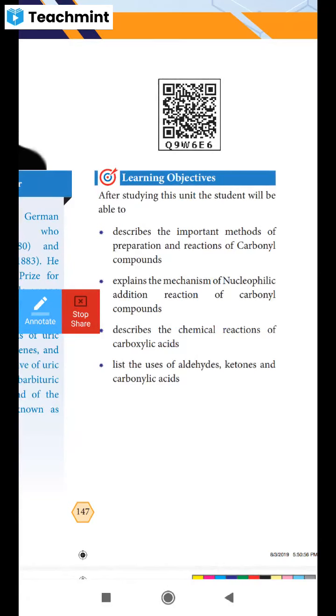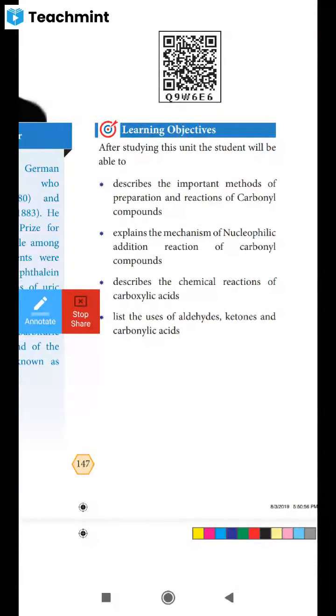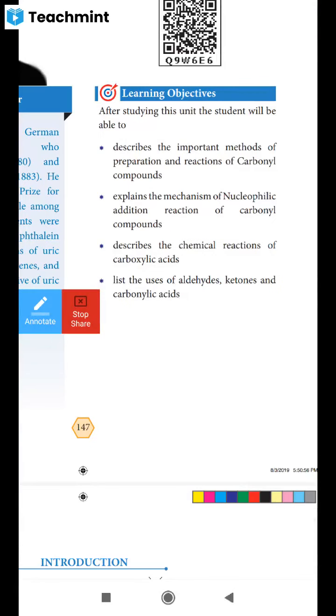In this lesson we are going to discuss some important methods for the preparation of carbonyl compounds, how they are prepared. And we are going to see the mechanism also. Mechanism means how the reaction comes out, of nucleophilic addition reaction. Electrophile and nucleophile you already studied in 11th standard; the nucleophile contains a negative ion.